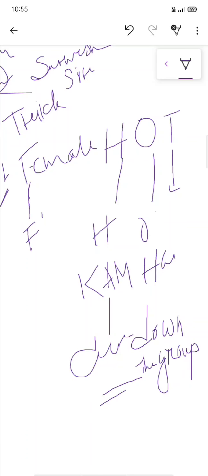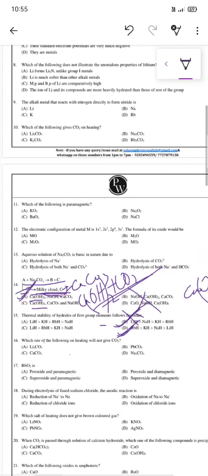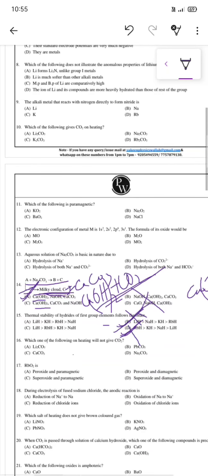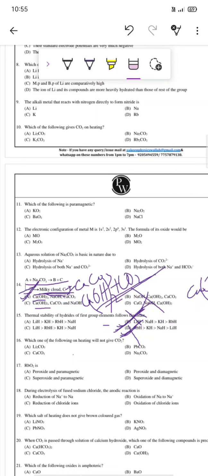So that's why the answer is B, not D. After looking at my notes I can write this.